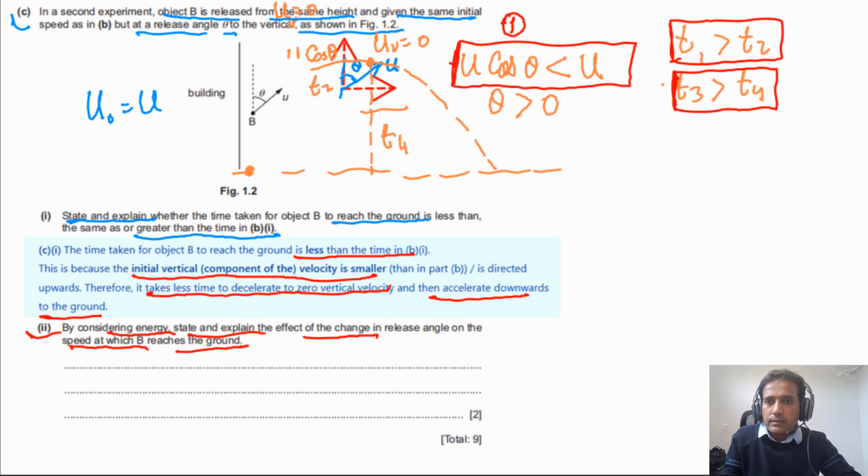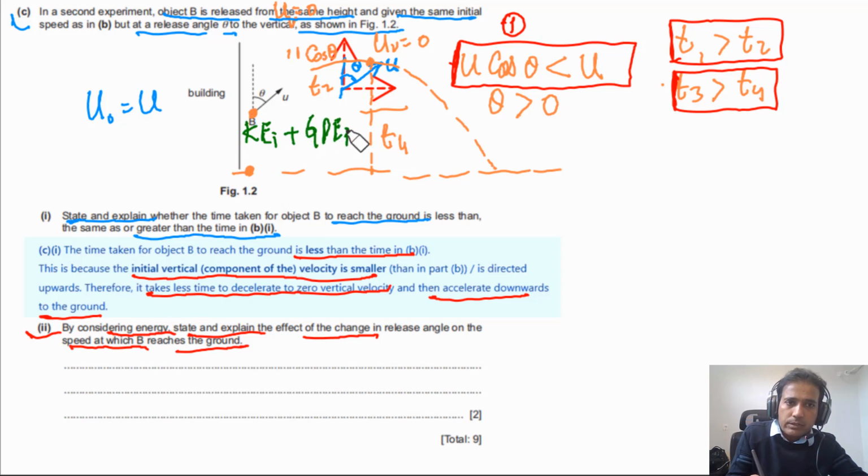Now simply, in this case, we are looking at this point. Let me use a different color for better understanding. So at this point we need to understand it has initial kinetic energy, so we can say kinetic energy initial plus it has initial GPE.